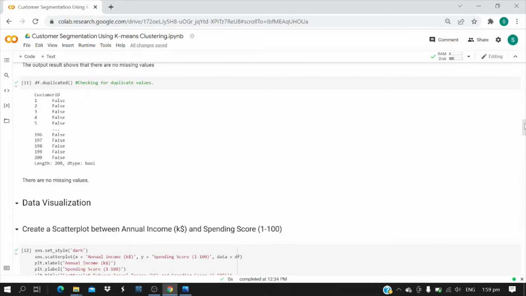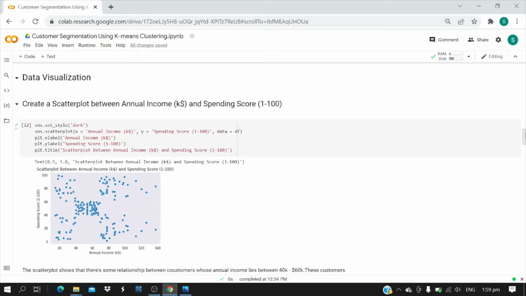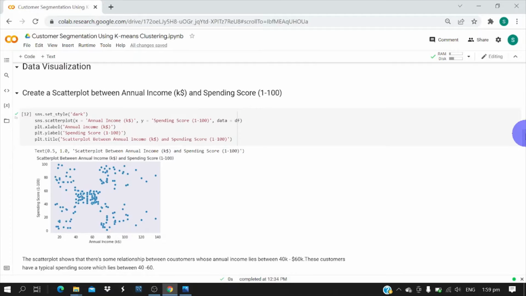The next thing I was interested in was finding out if there's a relationship between the annual income and the spending score. To find out the relationship between two numerical variables, I used the scatter plot, and this is the scatter plot output. Just to give a little insight, the x variable is the annual income, and the y variable represents the spending score.